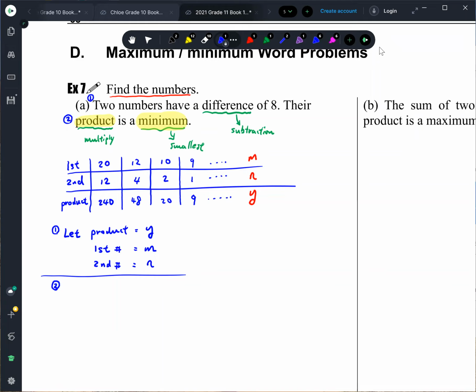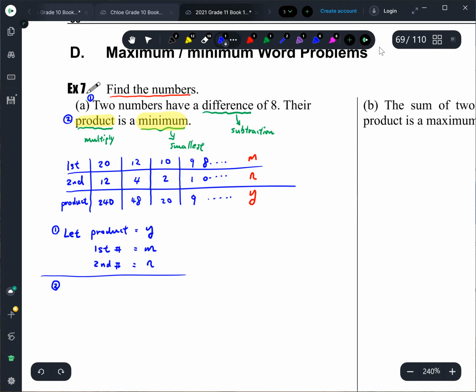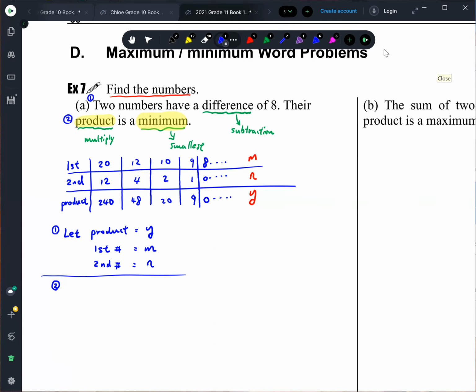So she's giving it another try. 8 and 0, yeah, it has a difference of 8. They multiply equals to 0. Even better, right? Smaller than 9. So far that's the winner. Yes, you won. Everyone copy the table down. Please raise your hand.